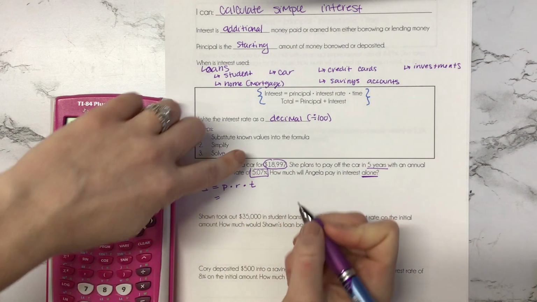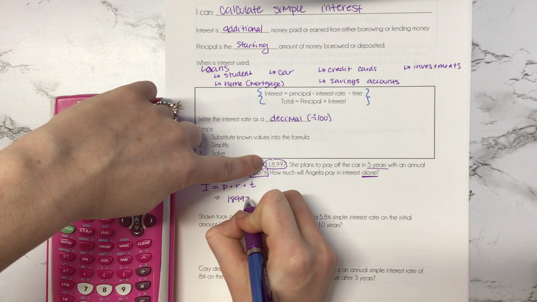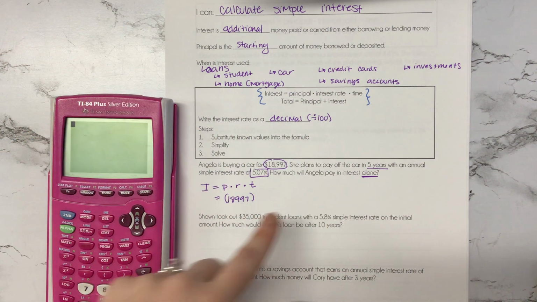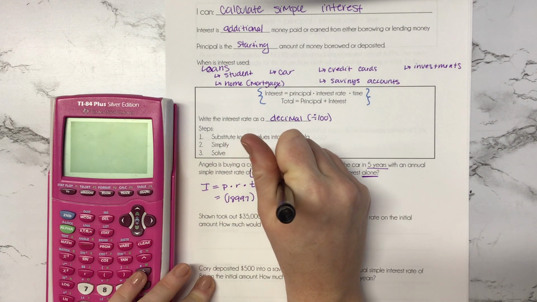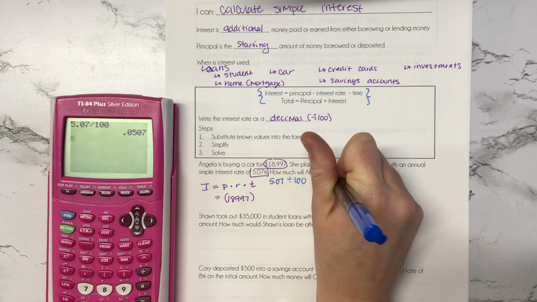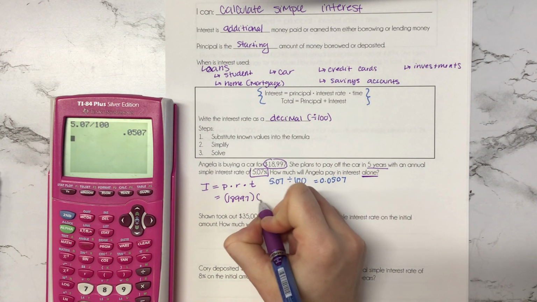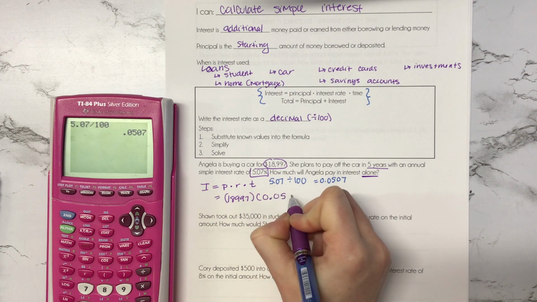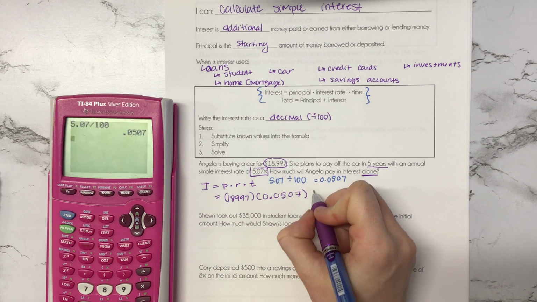Okay, so my starting amount of money is how much the car is, $18,997. Okay, then I have to take my interest rate and write it in decimal form by dividing by 100. 0.0507. Ooh, a lot of sevens. Okay, then times the length of time, so times 5 years.